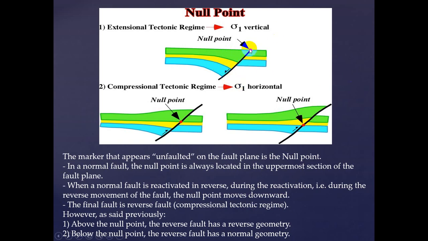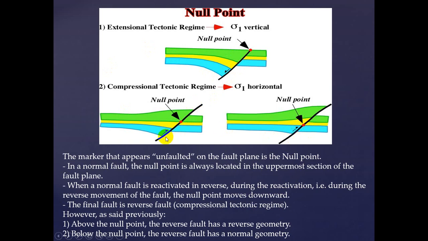Usually the null point is at the upper tip of the fault. If we invert these faults, the null point will move from the upper tip to another level, this one. With continuous movement, the null point will move down, and so on.